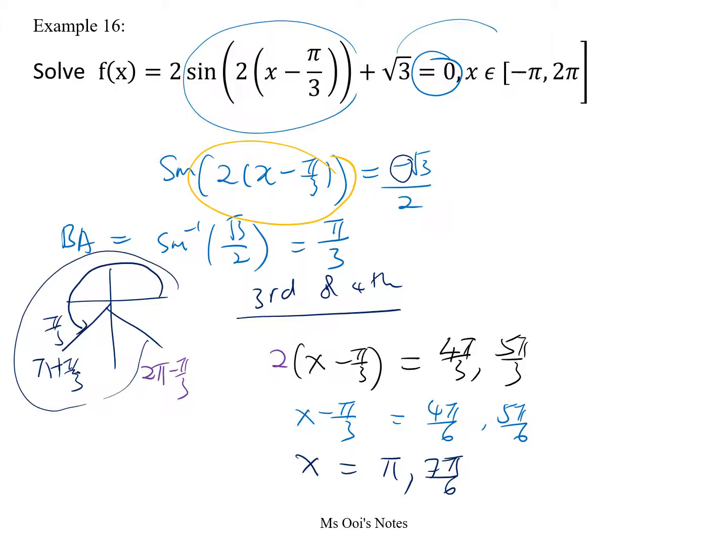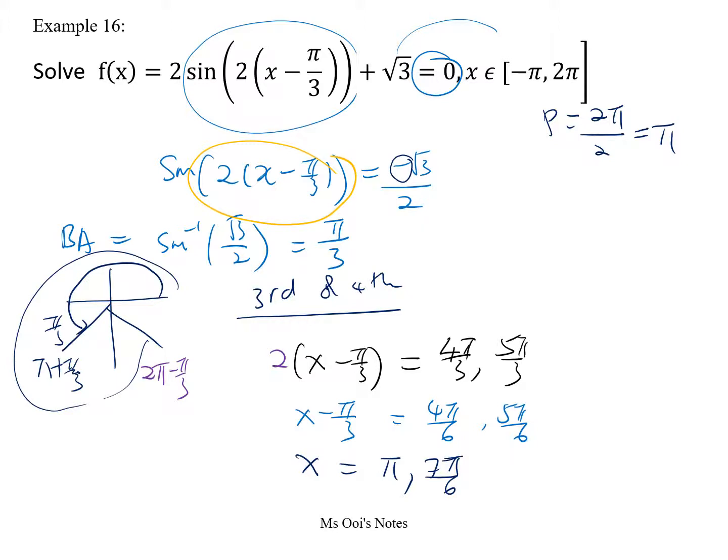All right, so what are the other solutions? We're going to add or subtract the period. In this case, the period is 2 pi divided by 2, which is pi.